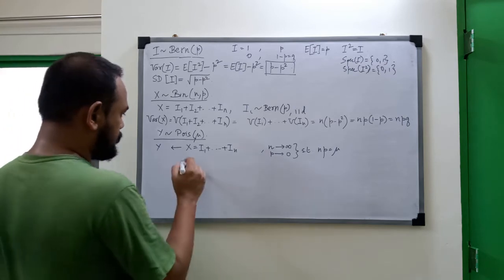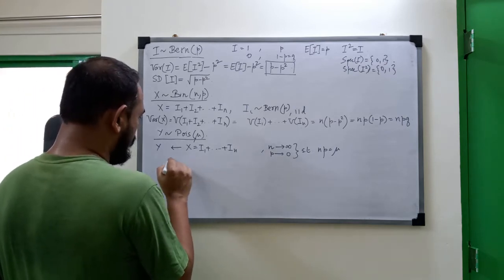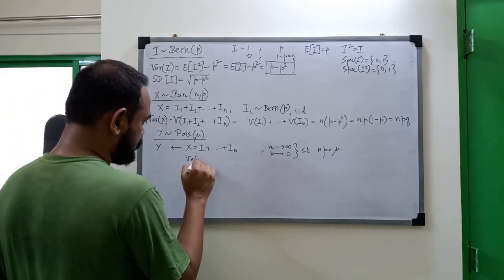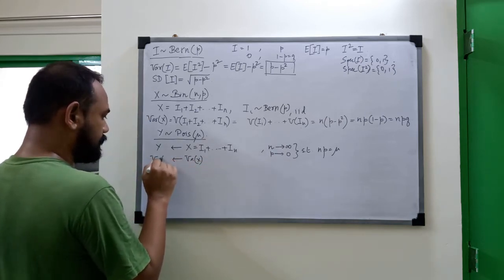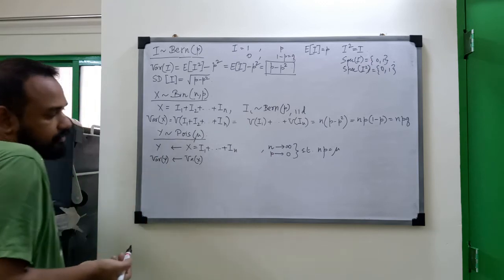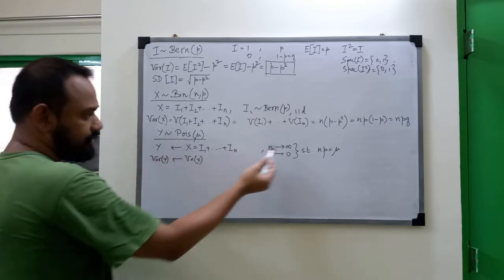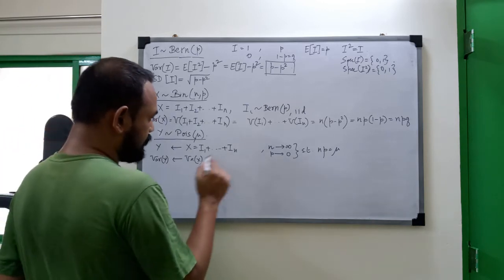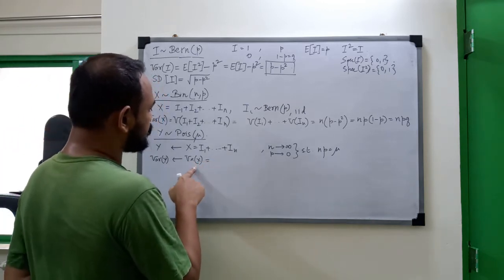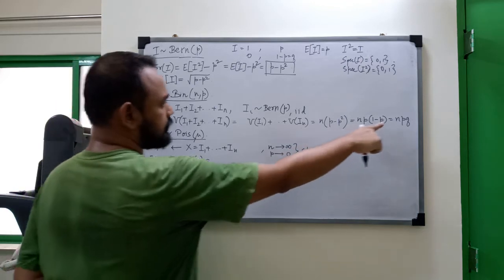So if you think about it, now if you take the variance, the variance of x should converge to the variance of y. If x converges to y in this case, then the variance of x should converge to the variance of y. But the variance of x is what? It's this.